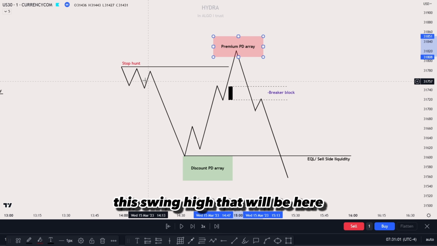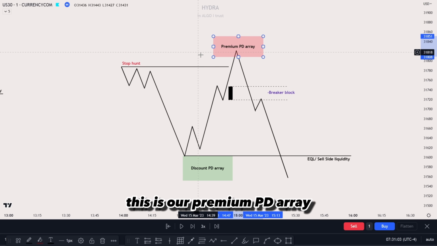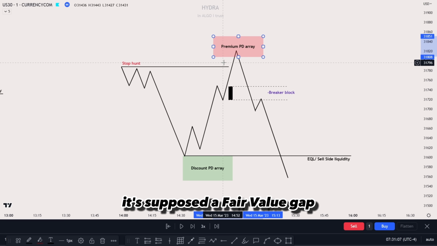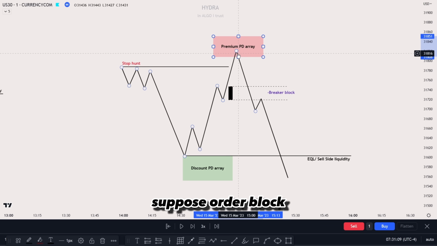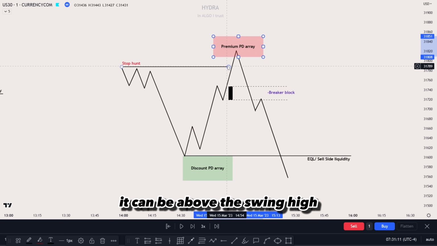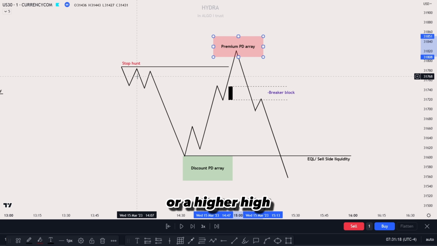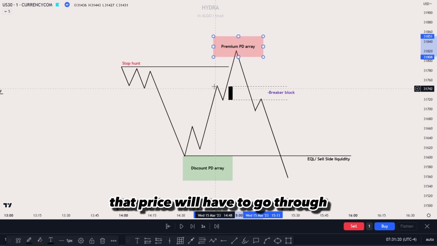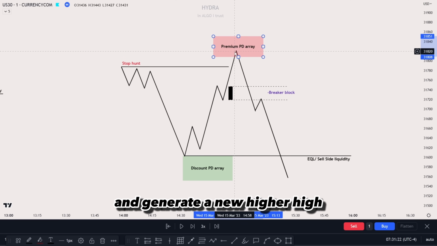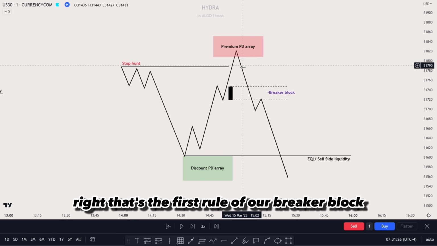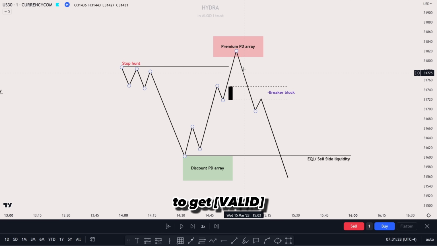This swing high here is our premium PD area, or there can be another premium PD array, suppose a fair value gap or an order block. It can be above the swing high, but there must be a swing high or an old higher high that price will have to go through and generate a new higher high, right? That's the first rule for our breaker block to be valid.